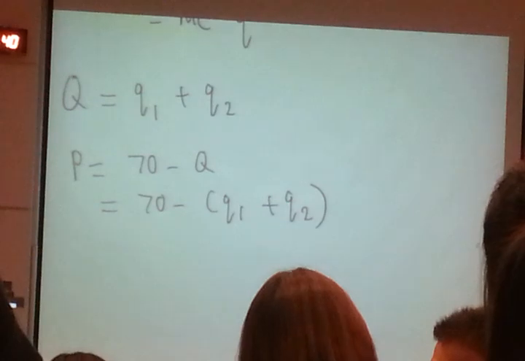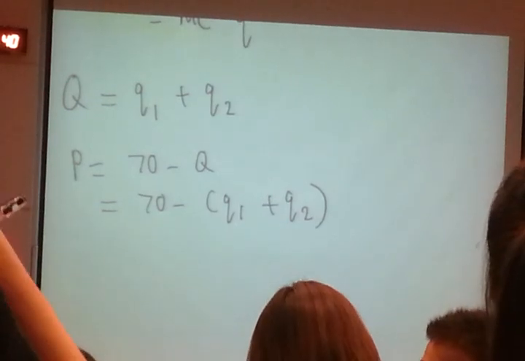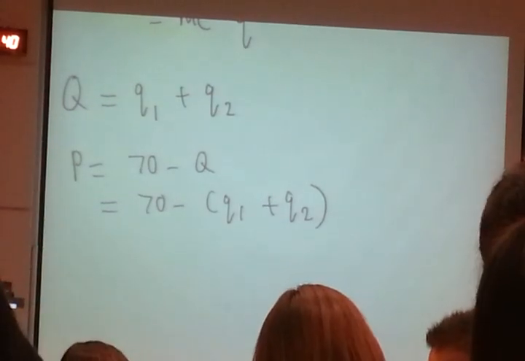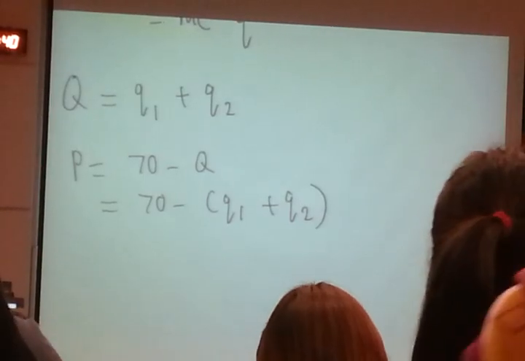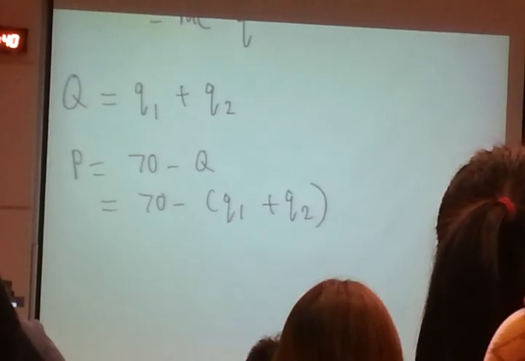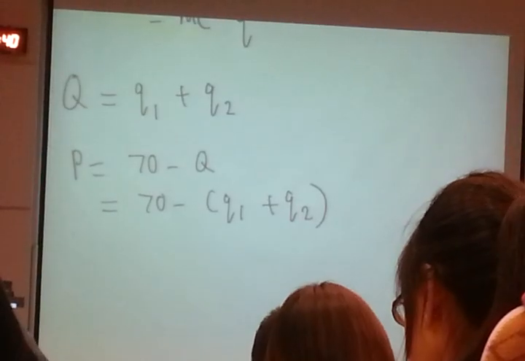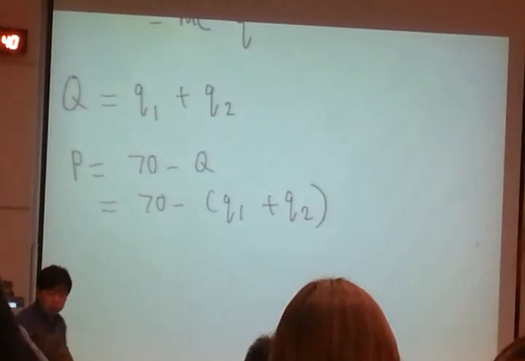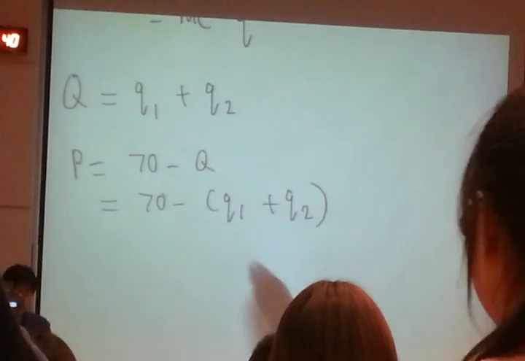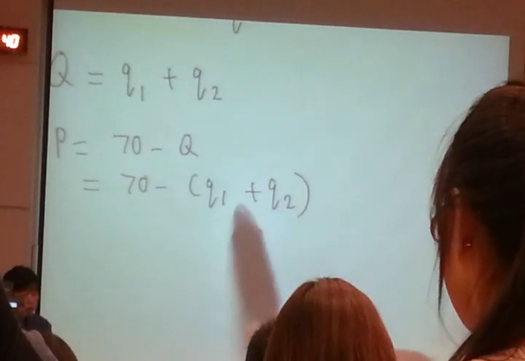Okay, so what we do now is, since you write this as a result, another way around. If there are 3 firms, what should I put here?